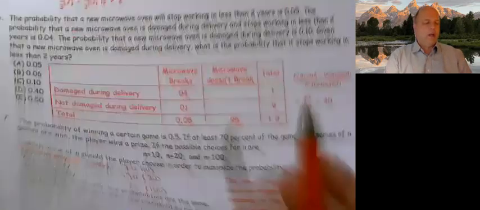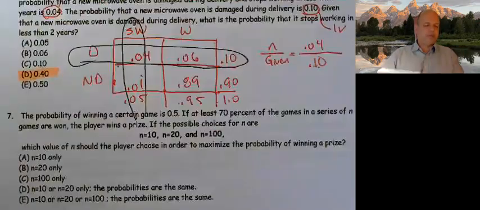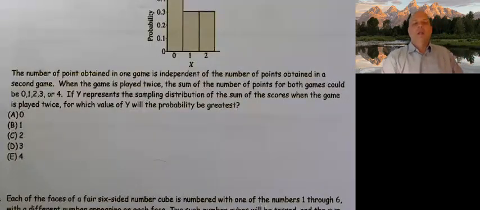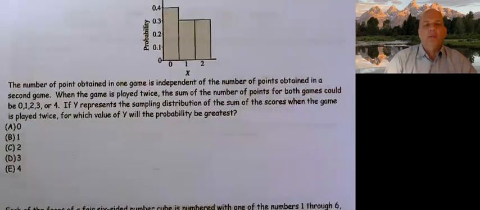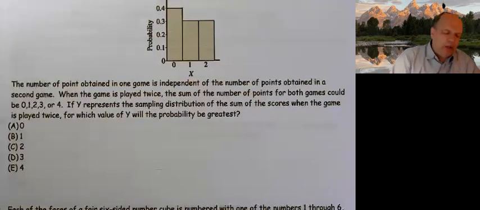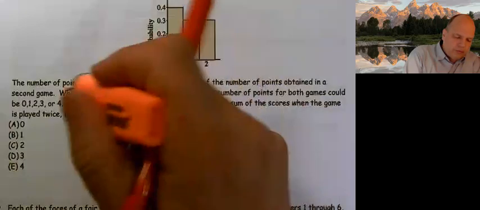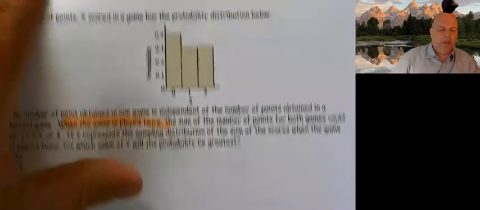Okay, all right. Problem number 8. The number of points obtained in one game is independent of the number of points obtained in the second game. When the game is played twice, as soon as they say that, I'm probably going to have to set up a sample space.